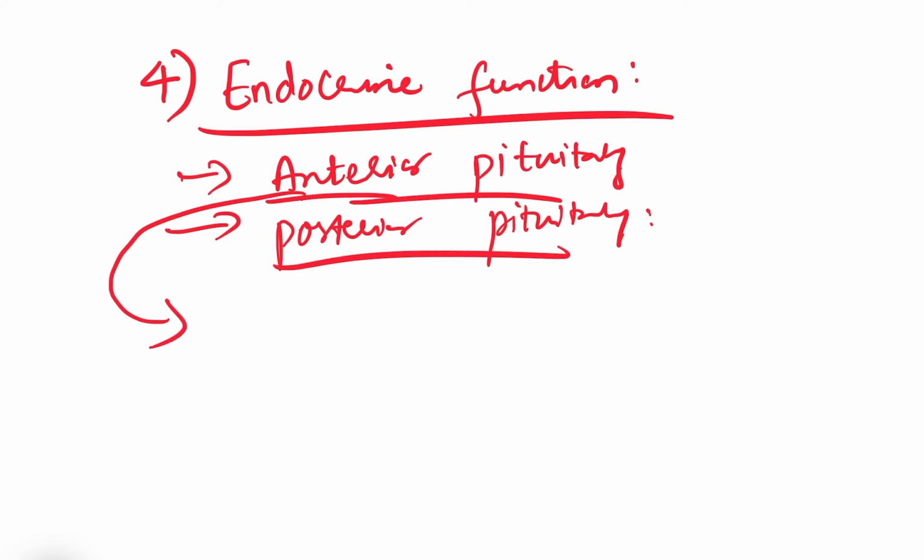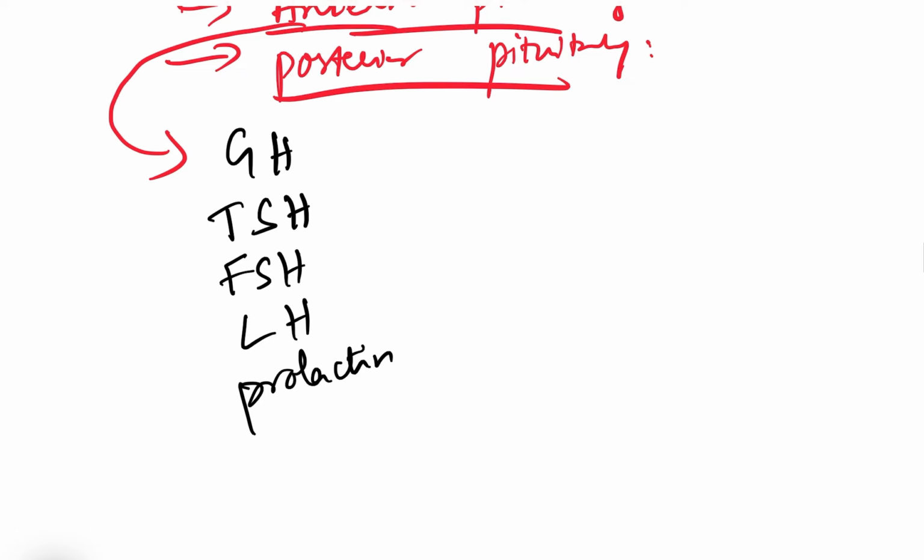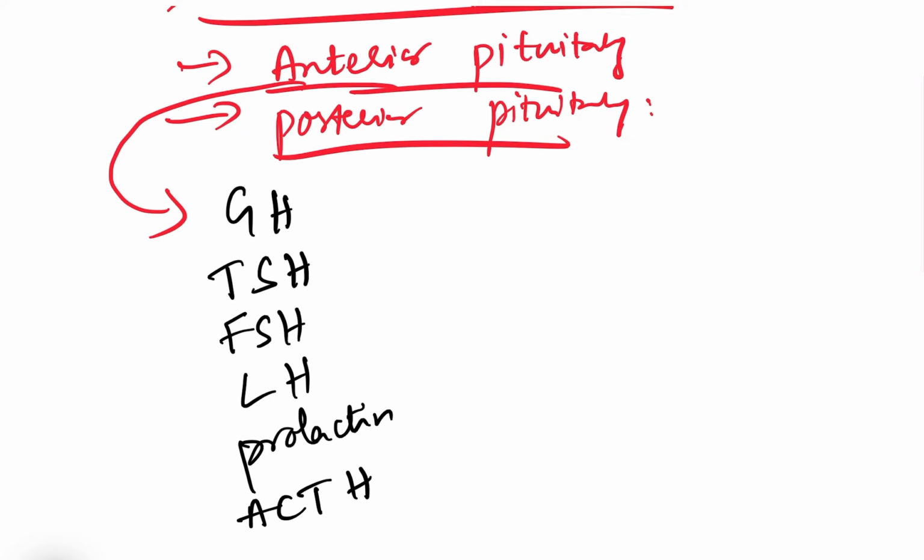Let us first discuss the anterior pituitary gland. You know the hormones of the anterior pituitary gland, like growth hormone, thyroid stimulating hormone, follicle stimulating hormone, luteinizing hormone, prolactin, and also ACTH, adrenocorticotrophic hormone. These are the hormones which are released from the anterior pituitary gland.